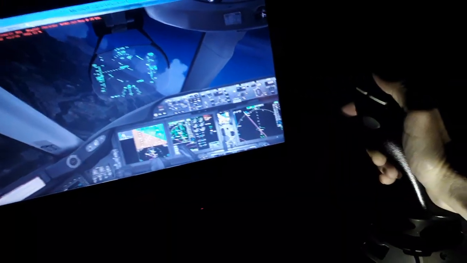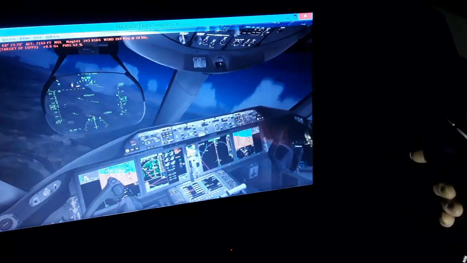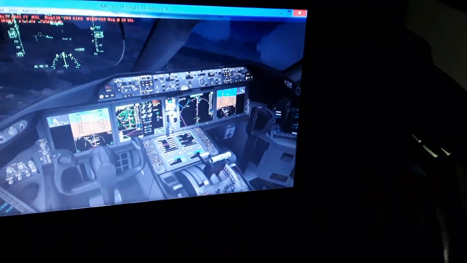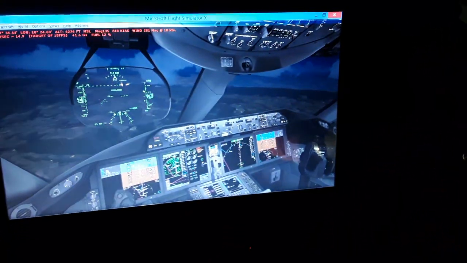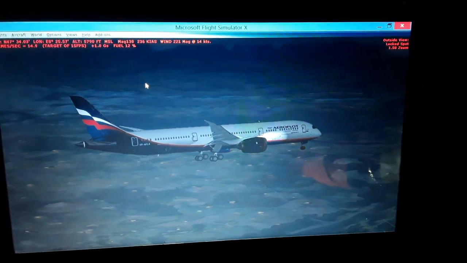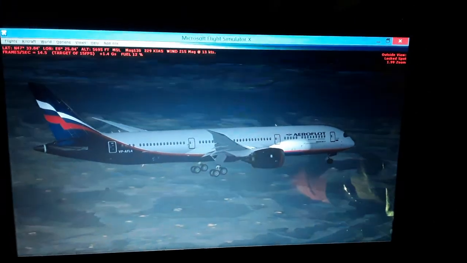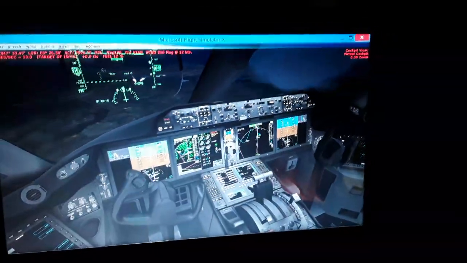So here we have the runway inside. So here we are. We have all the indications correct.